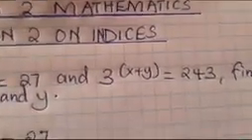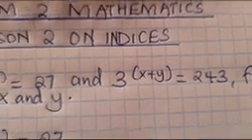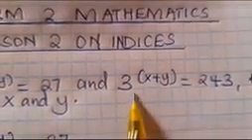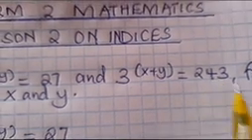Then we go back to the second part, which says 3 power x plus y equals 243.